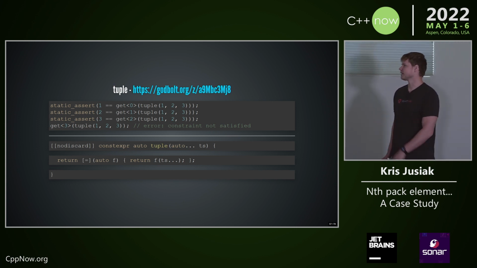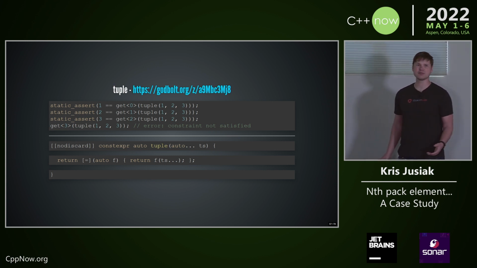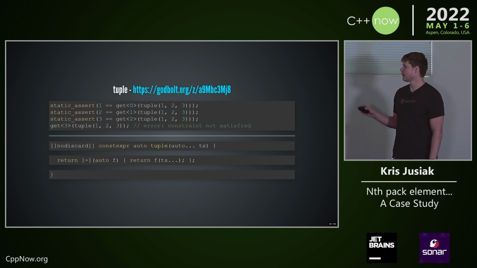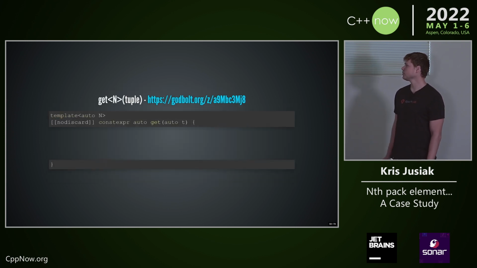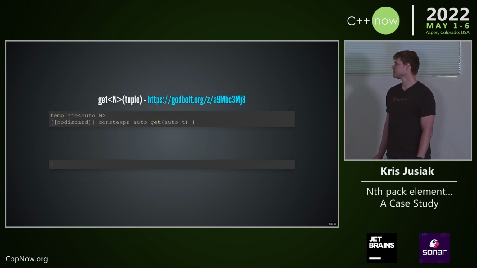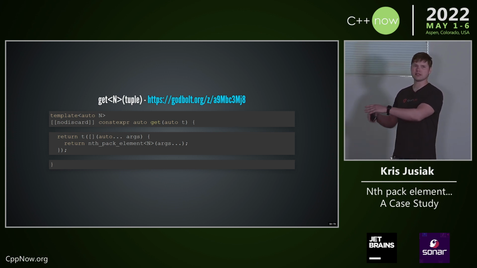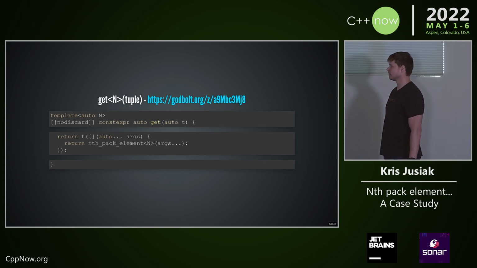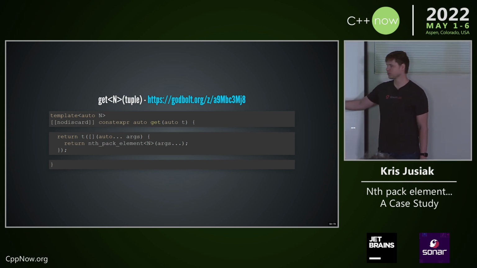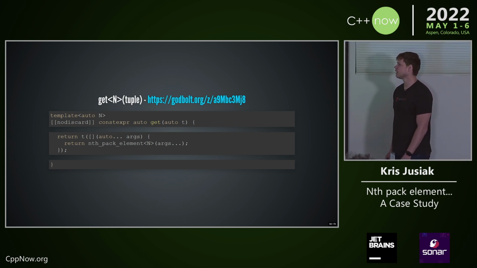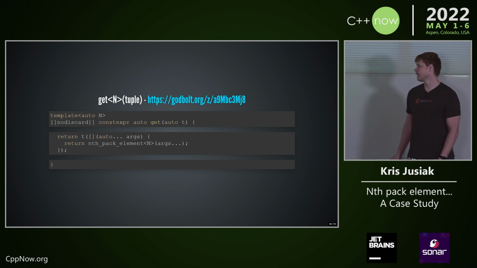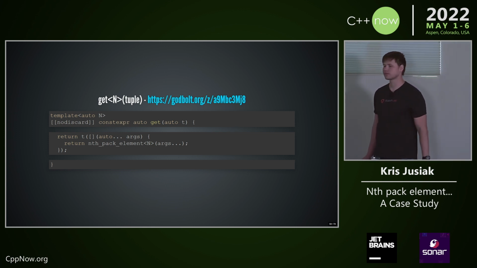We can do it better with forwarding arguments and so on, but I would claim that's the easiest tuple to implement, a one-liner, and it's perfect for the slides. So how can we do get out of it? Since we have this lambda, we just apply the lambda to the tuple, and that will give us the args..., which are expanded, and then we are in our comfortable position where we can apply the nth pack element with the n argument from the get call. Make sense?